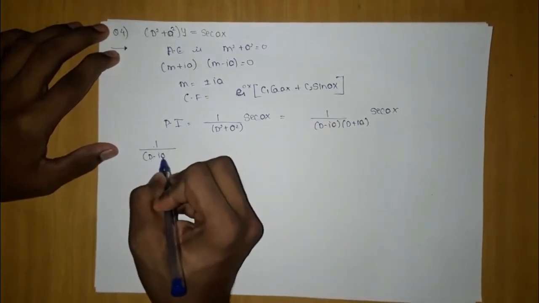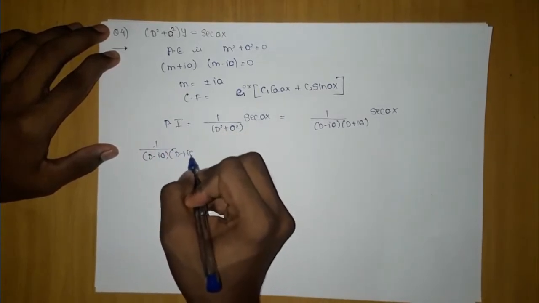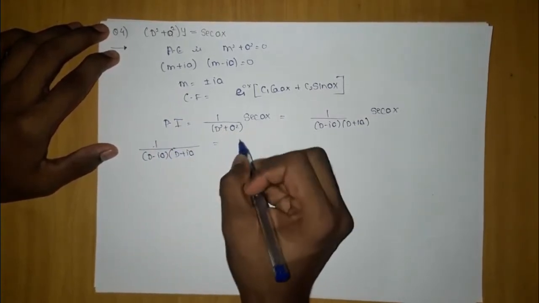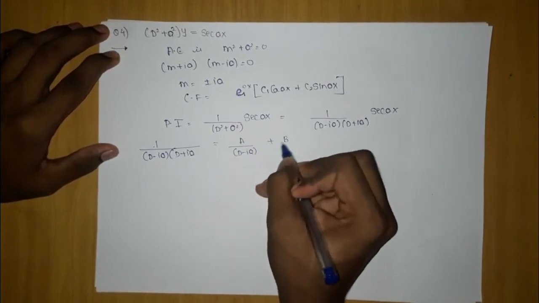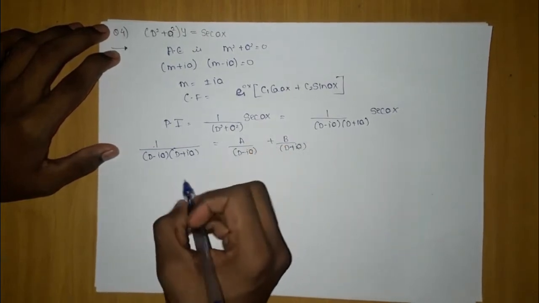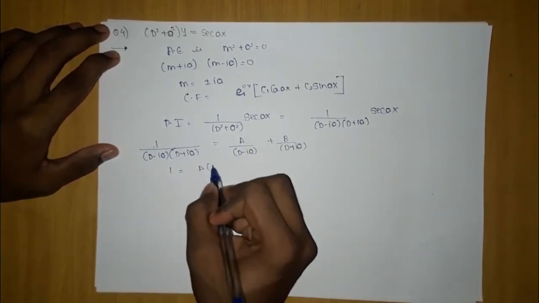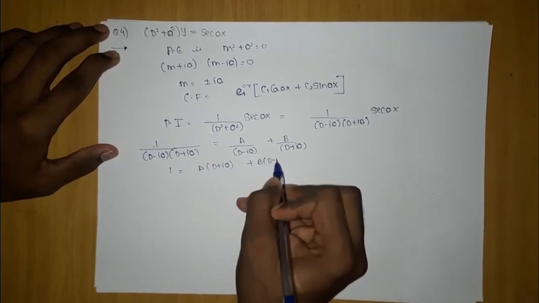You don't need to show this, you have to just do it in rough. A by D minus ia and B by D plus ia. Multiply throughout by this thing, you will get A into (D plus ia) plus B into (D minus ia).